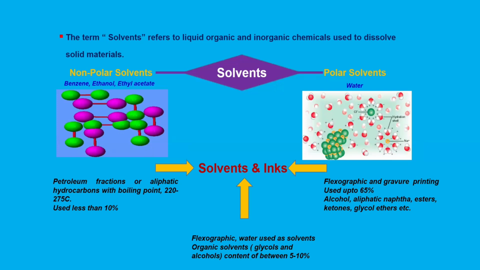Mostly we use petroleum fractions as organic solvents: aliphatic hydrocarbons with a boiling point of 220 to 275. Flexographic and gravure printing use up to 65% solvents: alcohol, aliphatic naphtha, esters, ketones, glycol, ethers. In water-based flexographic, we use water as a solvent, and we also use some glycols and alcohols, 5 to 10%, to control the properties of the water-based inks. So solvents are very important in printing.